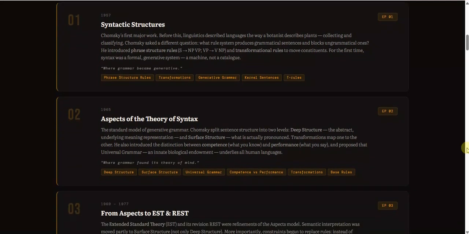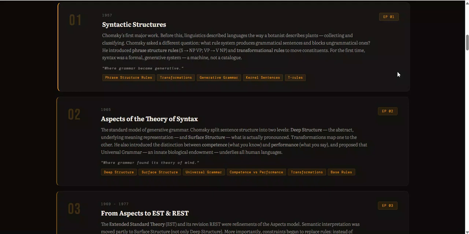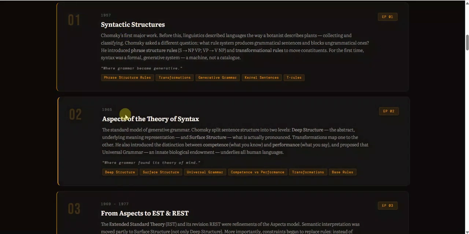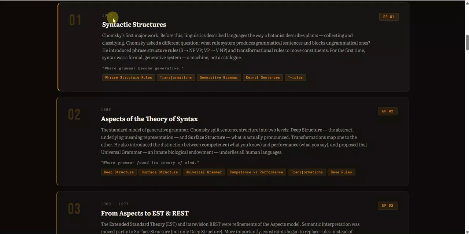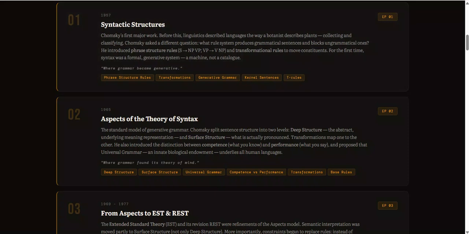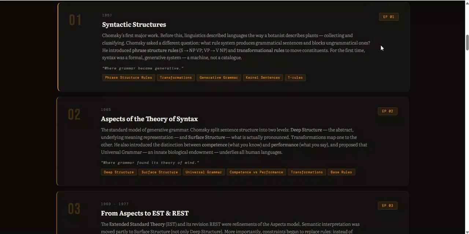Episode 1, which is Syntactic Structures, was introduced in 1957, the first ever one. It is one of Chomsky's major works which provided the landmark and changed syntax.